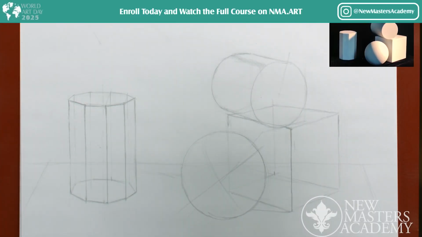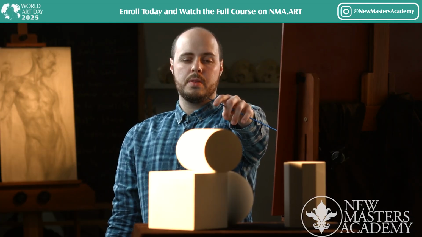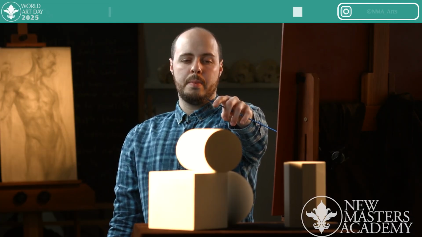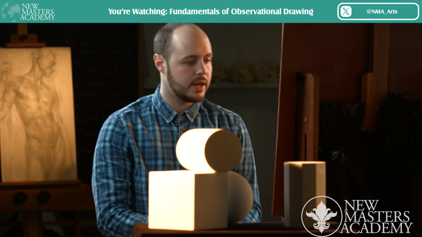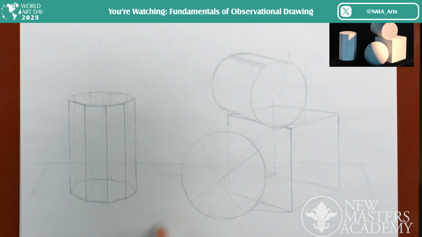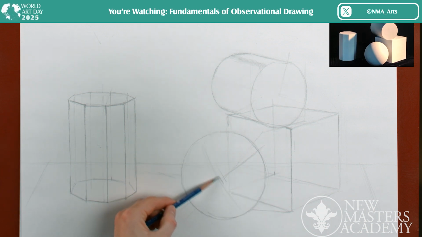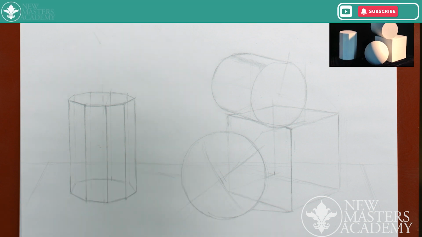But also after placing it, I would take a proportional measurement along that axis, and I'm seeing that it's along that line, just slightly to the left of the halfway point.